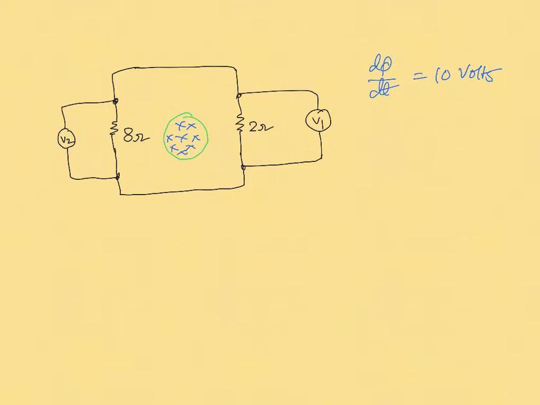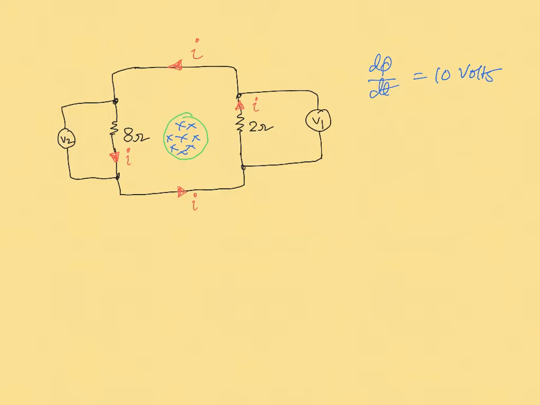Now if d phi dt is 10 volts, then there is current in the outside circuit, in the anti-clockwise direction. As for ideal voltmeters, there is no branching of current.